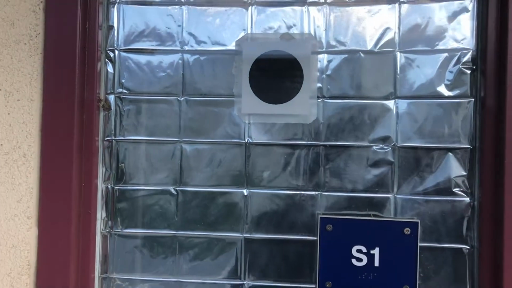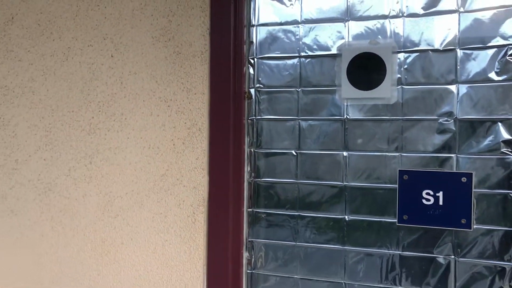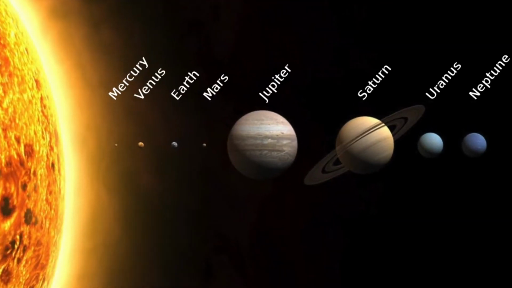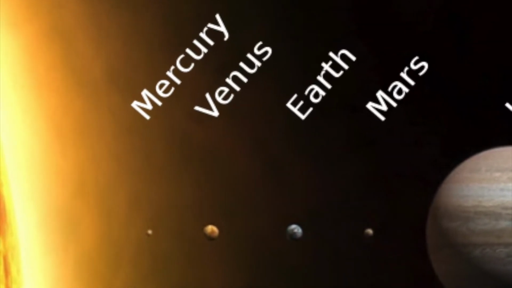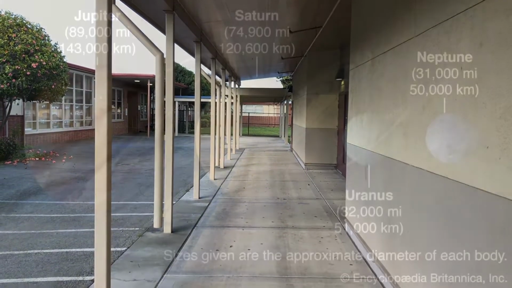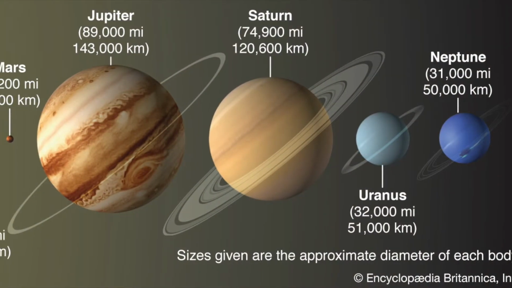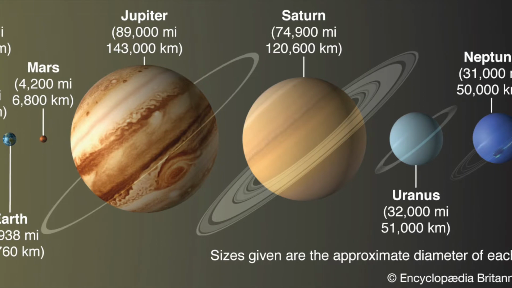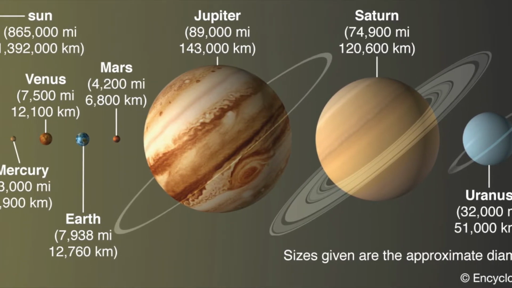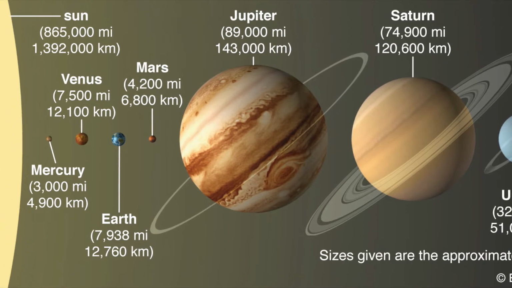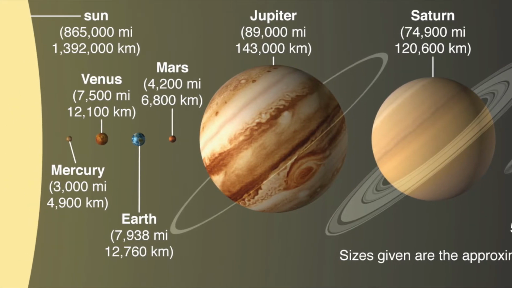All right, so now we gotta find our first planet. The first four planets are the rocky planets. That's from the sun, we have Mercury, Venus, Earth, and Mars. So we're gonna travel this way and find those planets and see how big they are. Now, normally I would ask my students to guess how many steps it will take to get to the first planet from the image of the sun there on the classroom door.